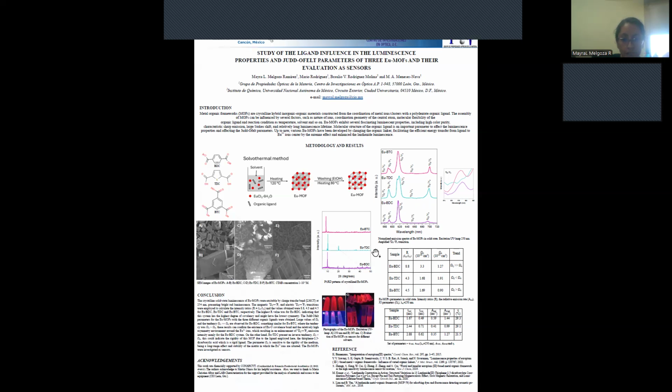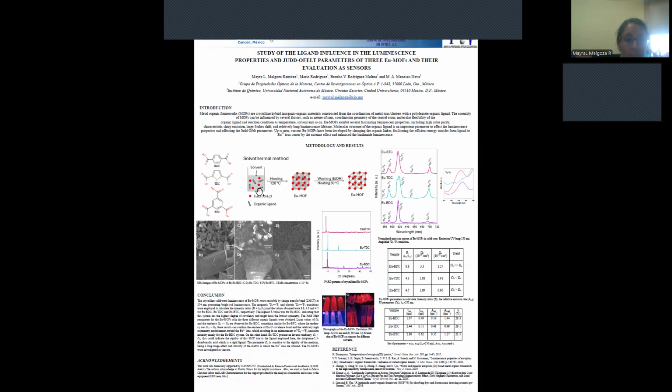For this one, we can observe an inverse trend where omega-4 is higher than omega-2. Omega-4 is related to the rigidity of the medium where the europium ion is embedded.